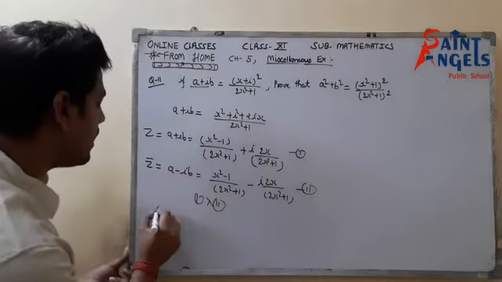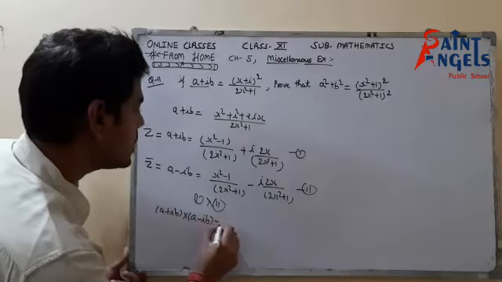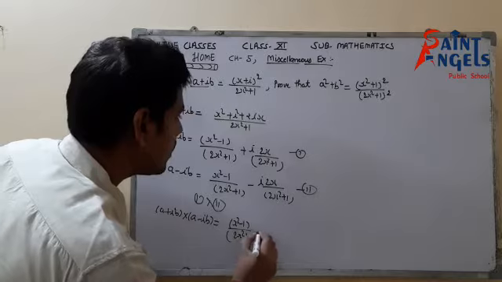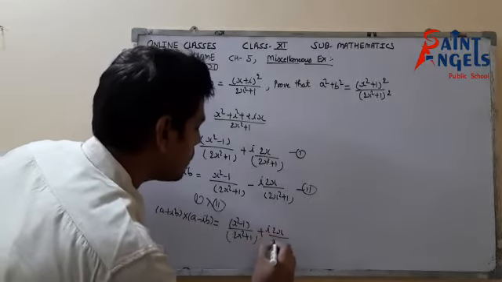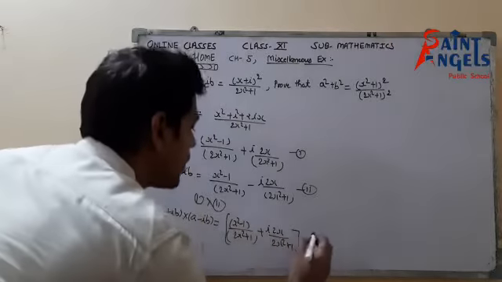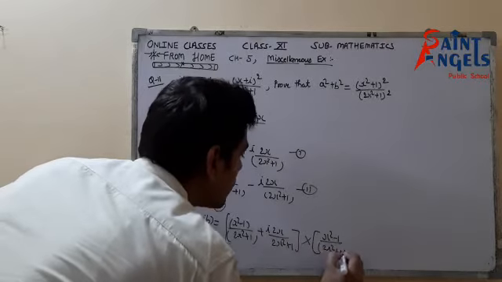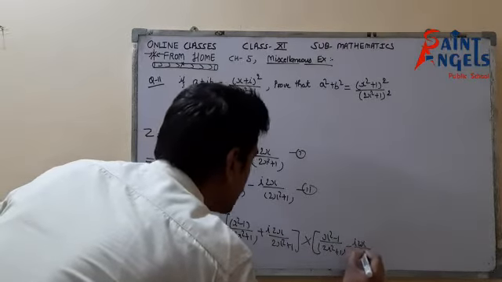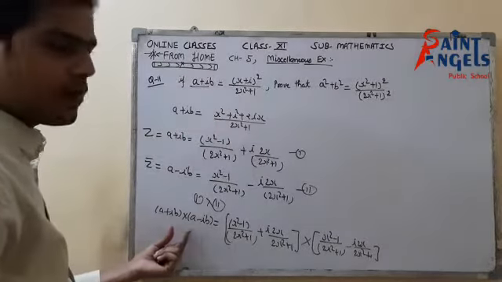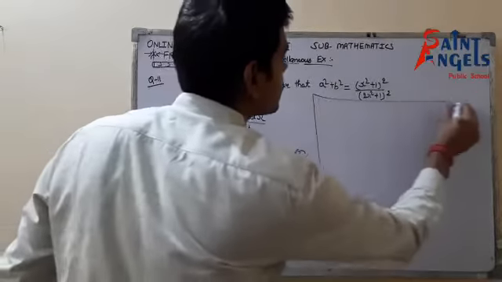So that would be (a plus iota b) into (a minus iota b) equals the value of z times z bar. Now a plus iota b and a minus iota b gives a square minus i square b square, which simply becomes a square plus b square.